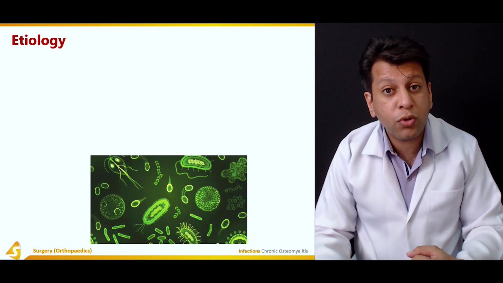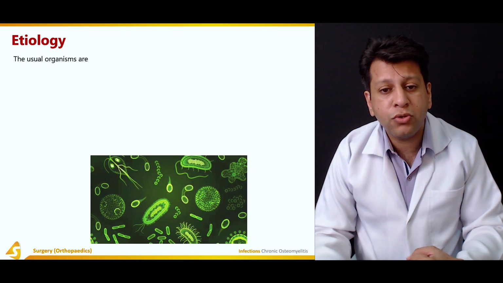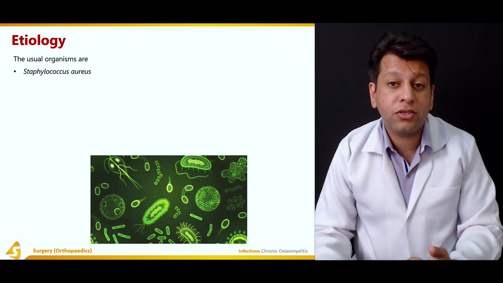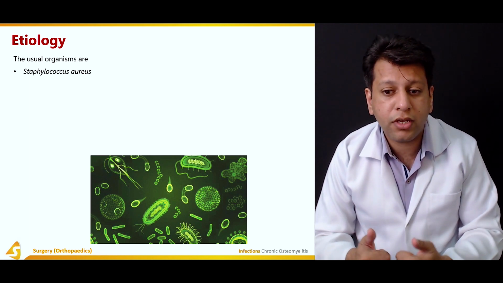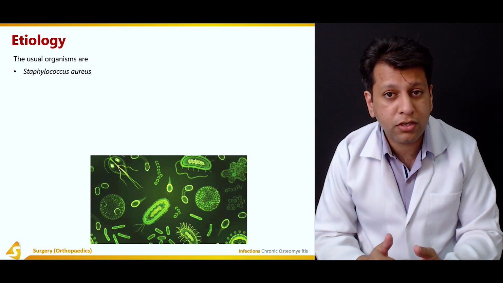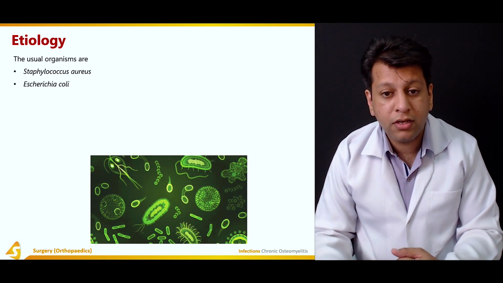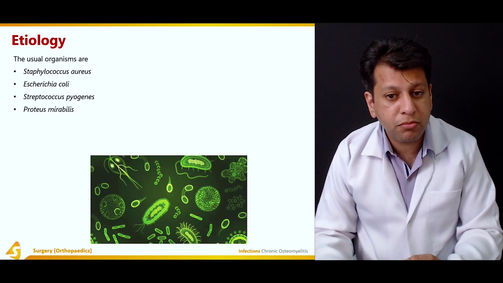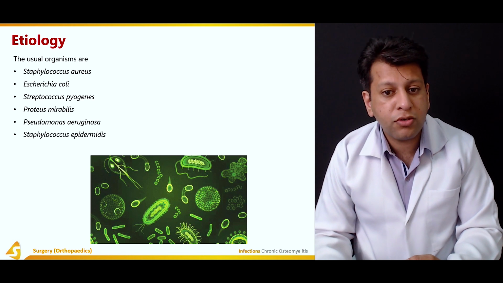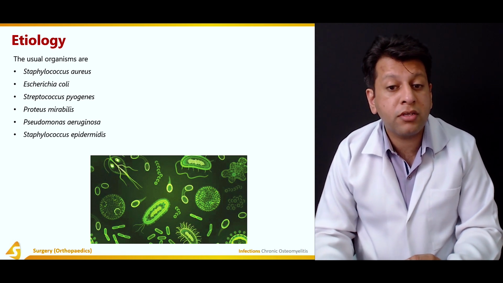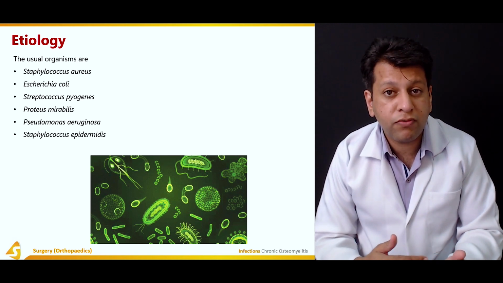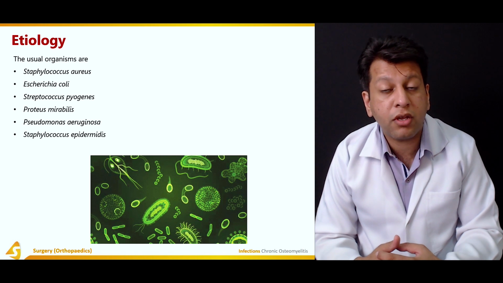Coming to the etiology, what causes chronic osteomyelitis? The usual organism is Staph aureus. Now this is important, it's not always the chronic or acute, but the most notorious organism is Staph aureus. Others include E. coli, Streptococcus pyogenes, Proteus mirabilis, Pseudomonas aeruginosa, and Staphylococcus epidermidis, if for example the initial infection was through the skin, whose normal flora includes Staphylococcus epidermidis.